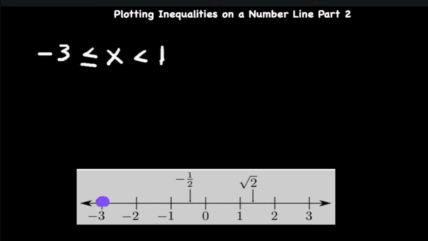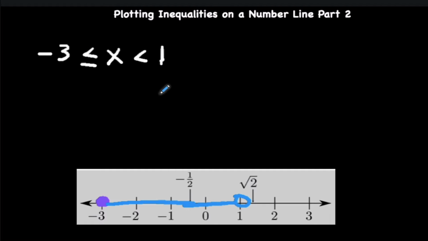So we're going to plot the number 1 here. This is going to be an open circle, remember, because of the inequality symbol. And since it's x less than 1, we're going to shade towards the left. And since x is greater than or equal to -3, we're shading towards the right. Notice how these two graphs come together. They are combined. That's what it would look like.